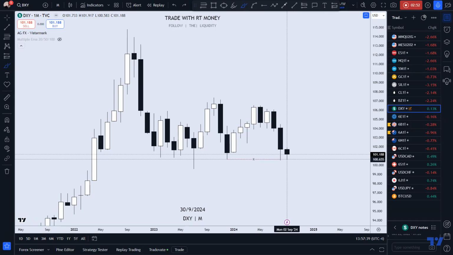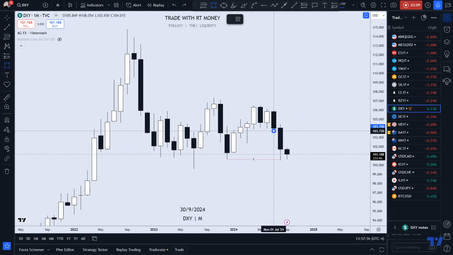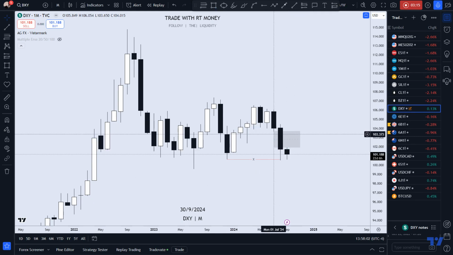But for right now, price is dancing down here, and when you see a low taken, you expect some kind of pullback, which we're getting. Does it mean that it goes higher? Well, let me tell you this. What I will note is that we have a bearish fair value gap here.